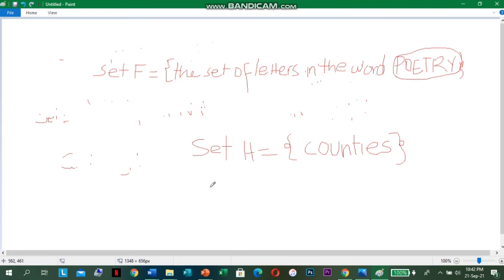So we have Cornwall, Middlesex, and Surrey.